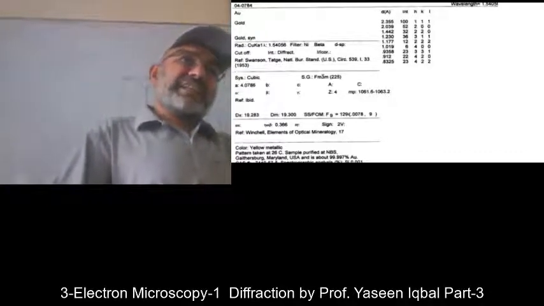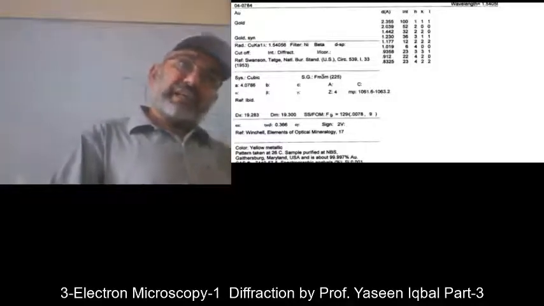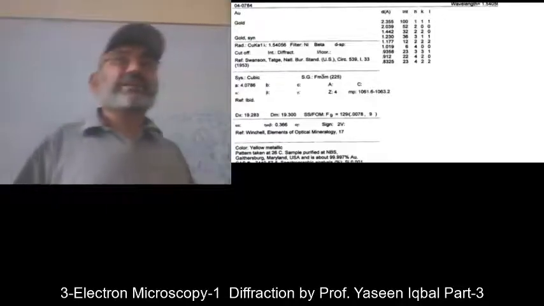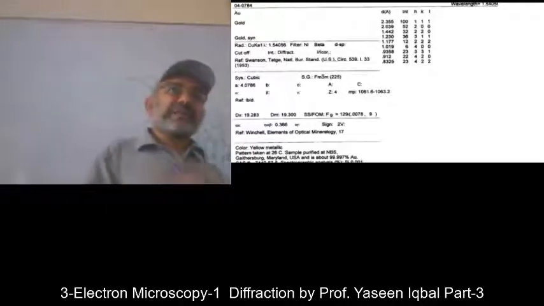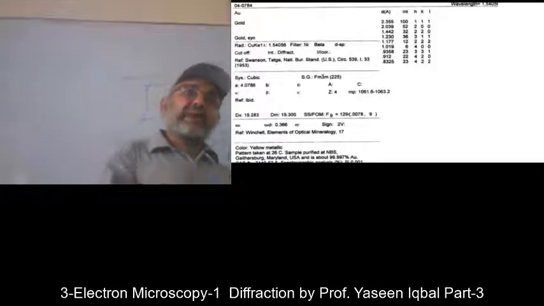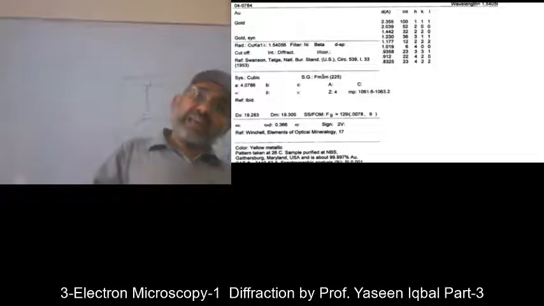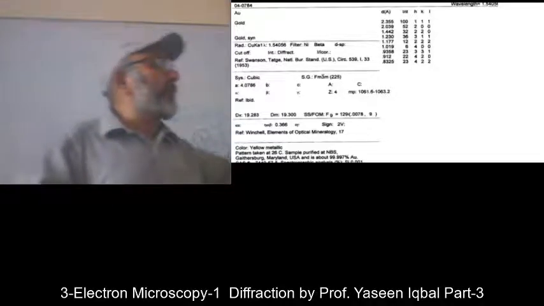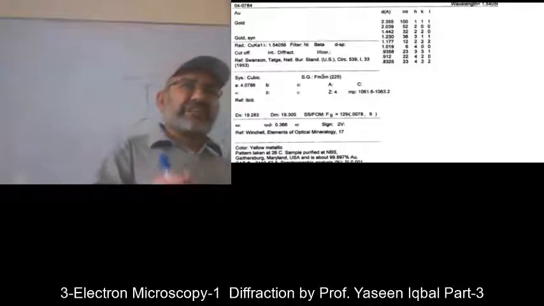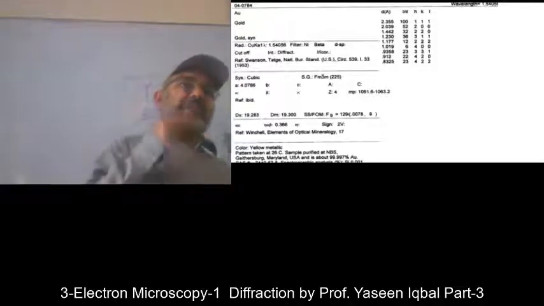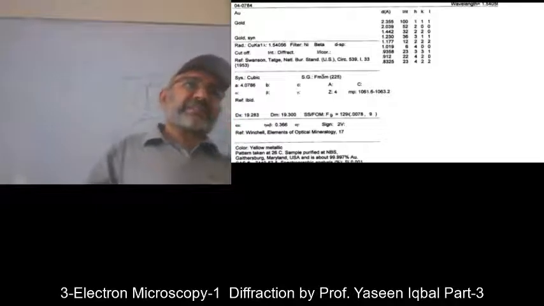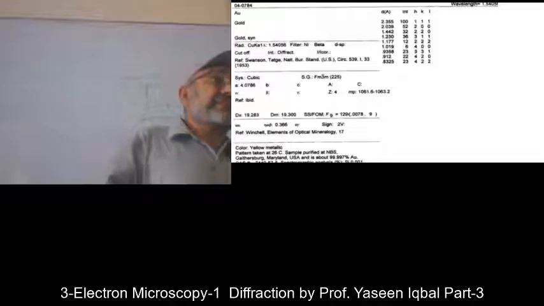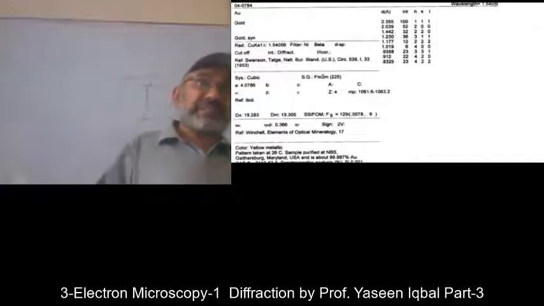Number one, the ICDD card confirms your data, and secondly, you give a reference that yes, Plane also did this study and they found this and that, and my results are confirmed by that. If they are not confirming, then you should go back to your experiment and recheck it, and if time and again you are getting that difference, then you focus upon that difference, and that is your novel result, which has not been reported previously.